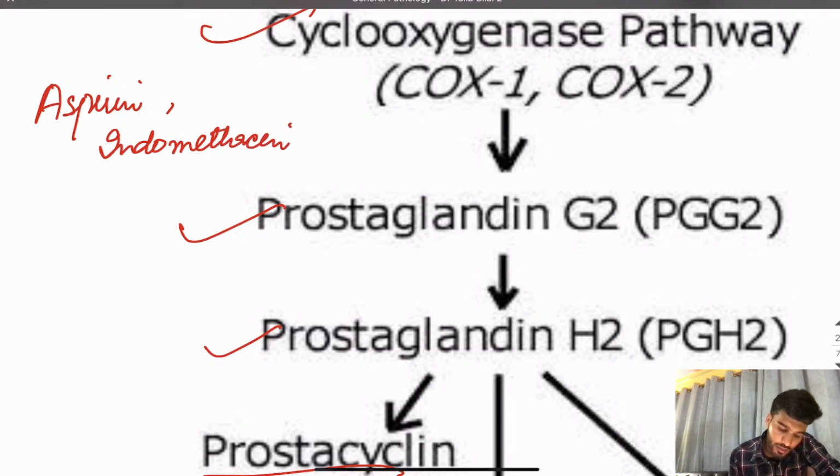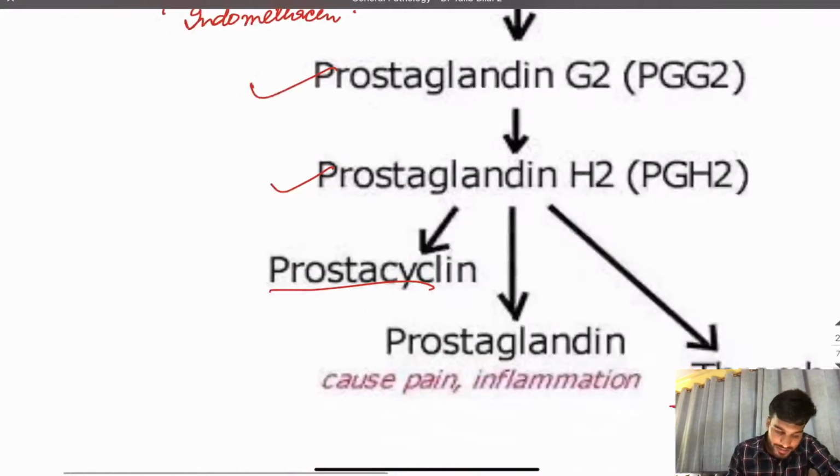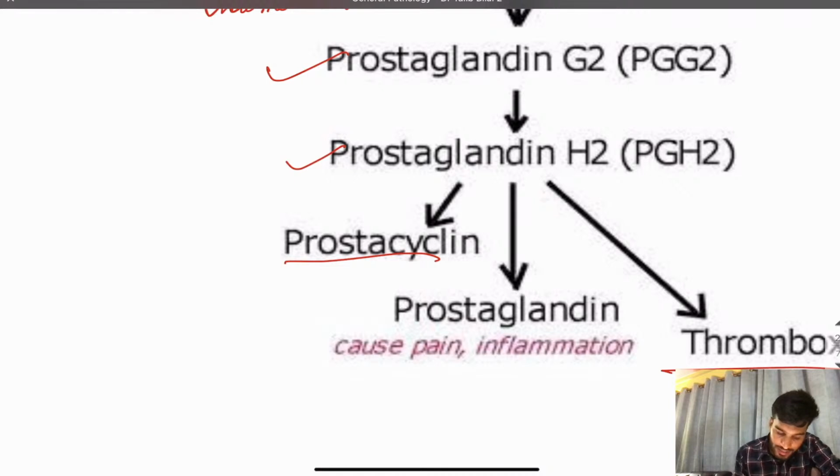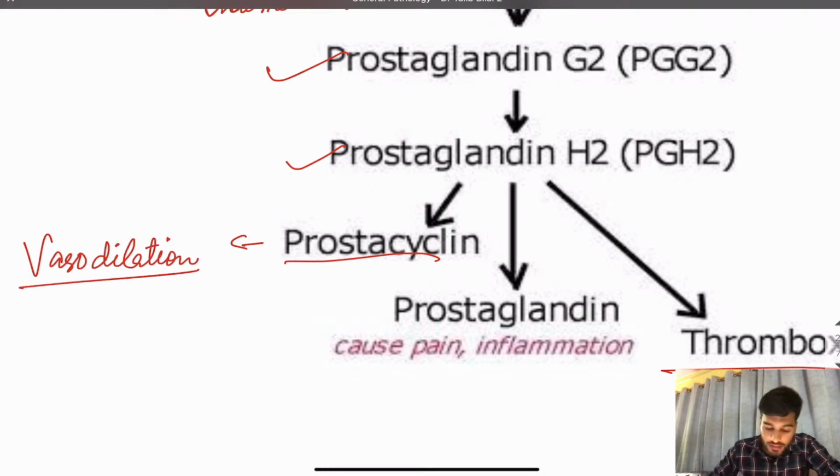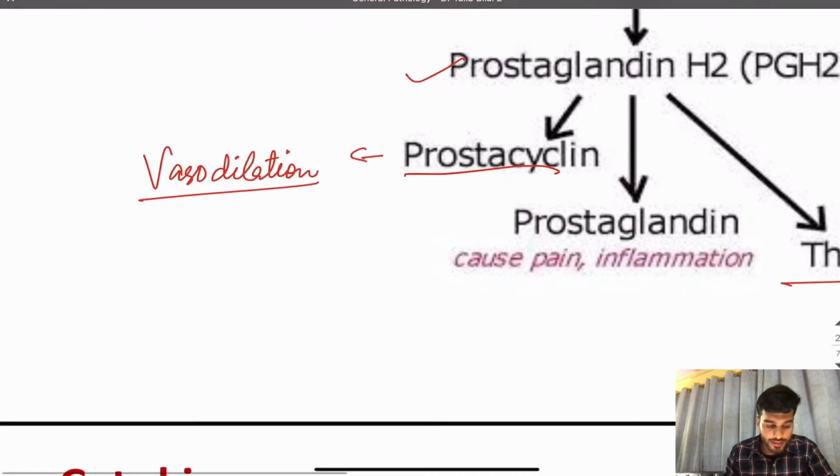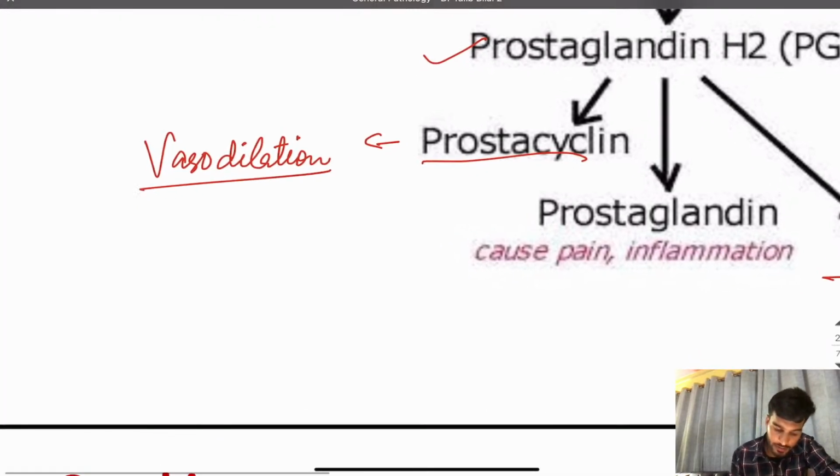Aspirin and indomethacin. In COX2, etoricoxib and all the drugs inhibit. Then, prostacyclin. What will prostacyclin do? It will cause vasodilation. Further, what else will it cause?